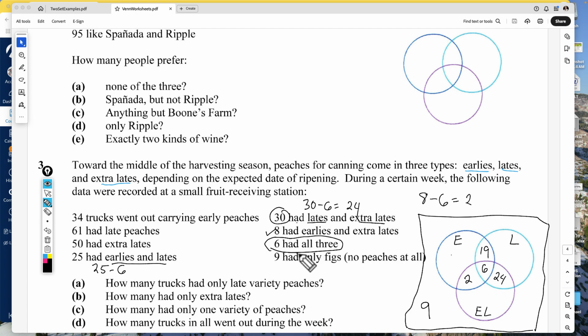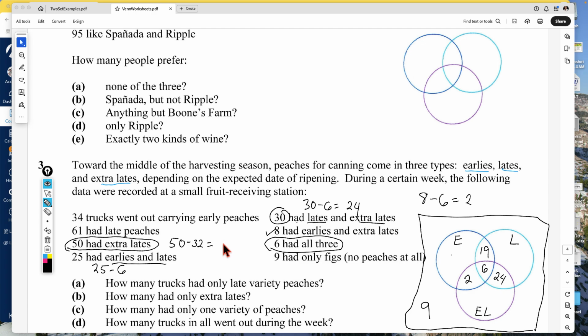Now we're ready to take on the ones that had only one type. So we had 50 that had extra lates, but we don't put the number 50 with the extra lates because we've already counted 24 plus 6, which is 30, plus 2. We've already counted 32 of them in this intersection area, so we need to take 50 minus 32.